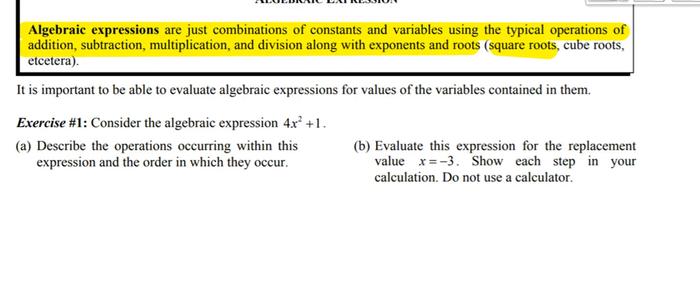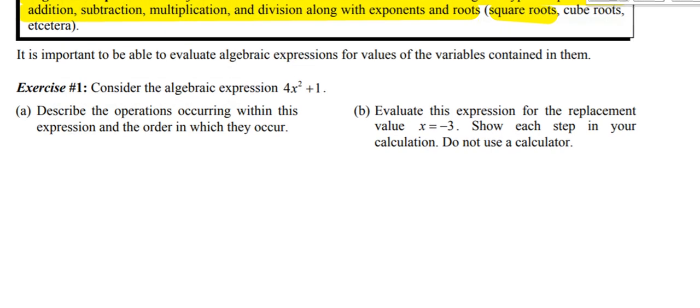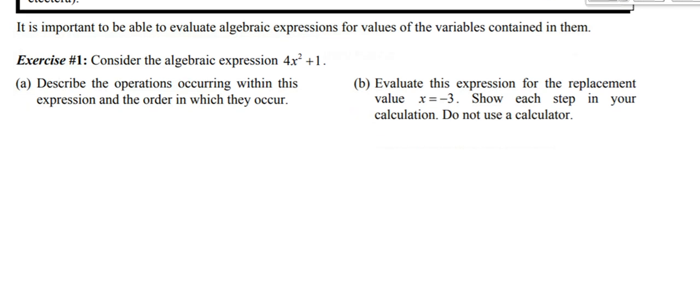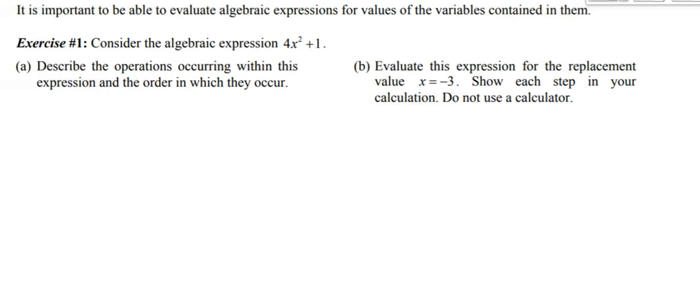In our first example, it says, consider the algebraic expression 4x squared plus 1. Part A says, describe the operations occurring within this expression and the order in which they occur. The first thing that we do, we notice that we're squaring x.